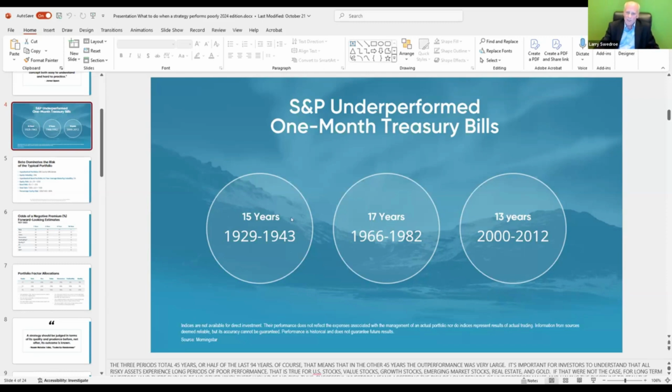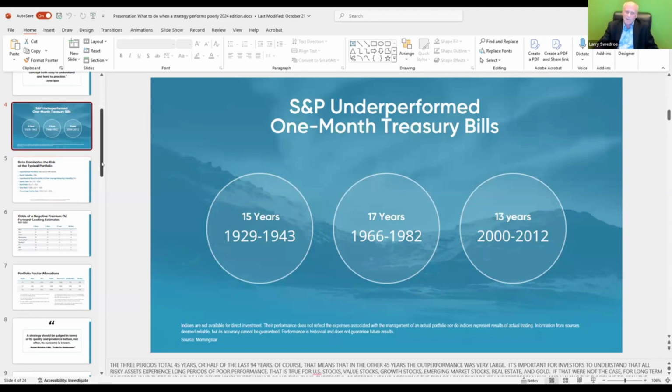The problem here is this, and I would ask everyone, maybe even write this down. When it comes to investing, I think one of the worst mistakes investors make is they think that 3 years is a long time to judge performance, 5 years is a very long time, and 10 years is an eternity.